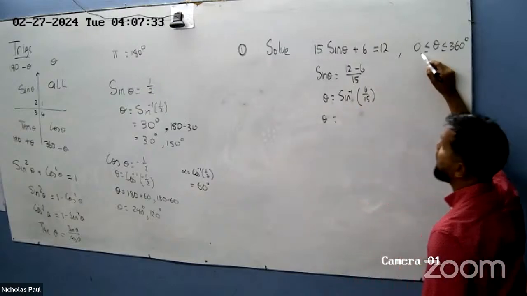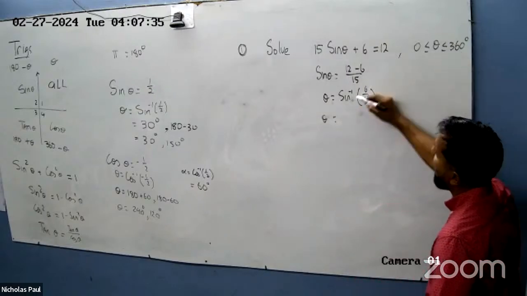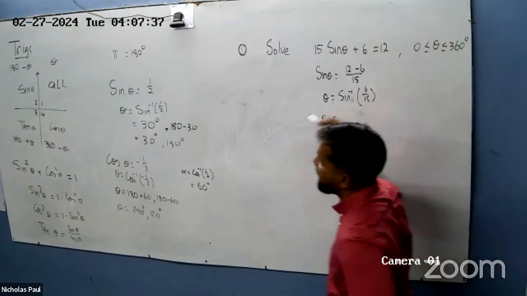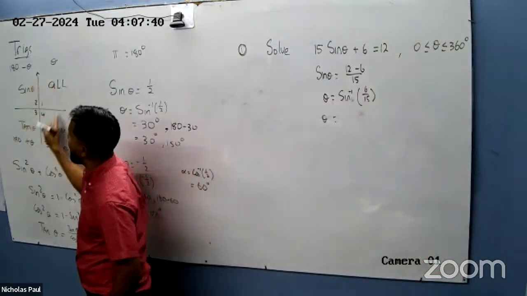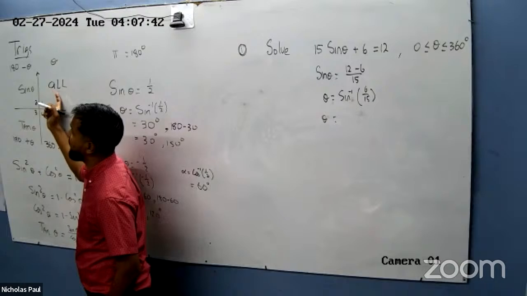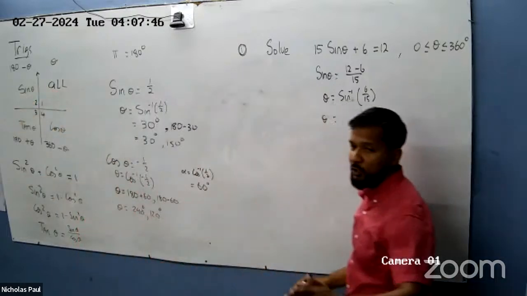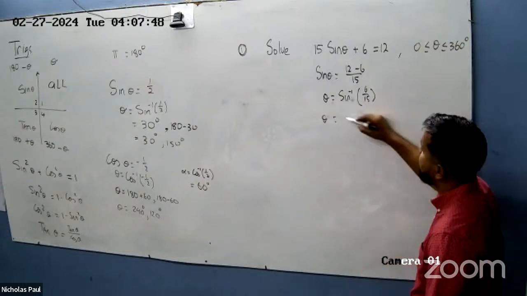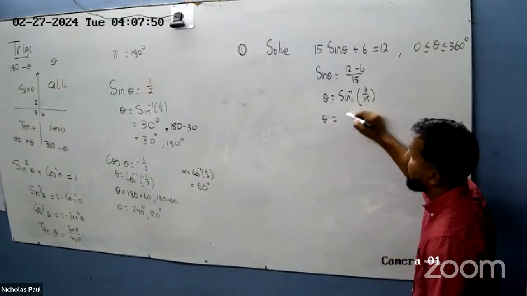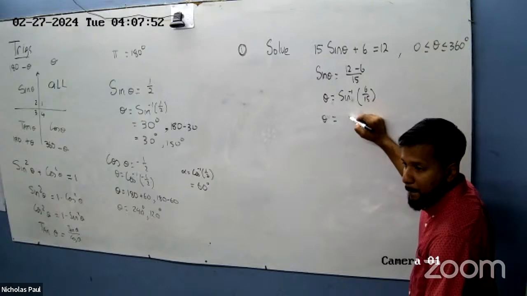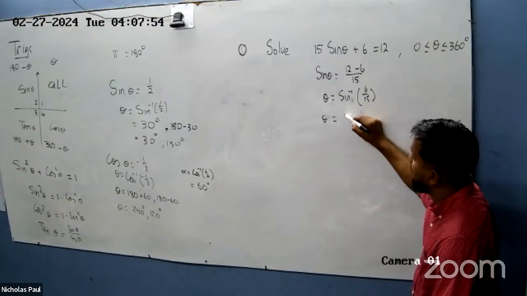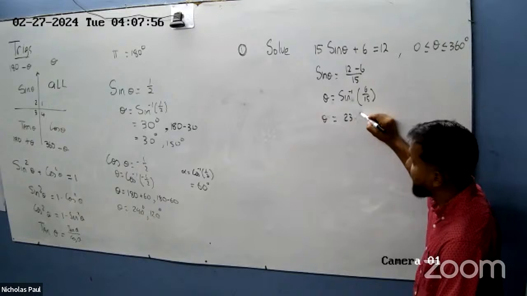Remember, you want it between 0 and 360, and you want where sine is positive. Sine is positive in the first quadrant, second quadrant. First quadrant always comes from a calculator, right? What's that? 23.6.